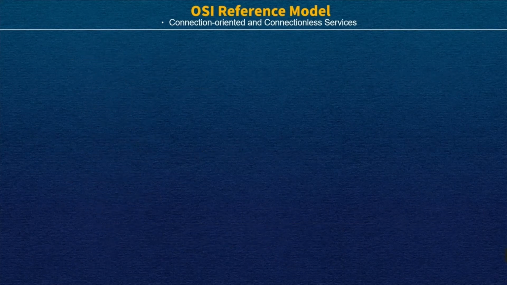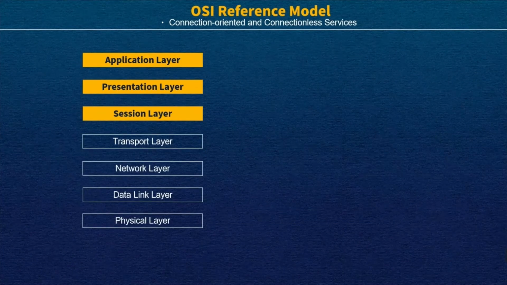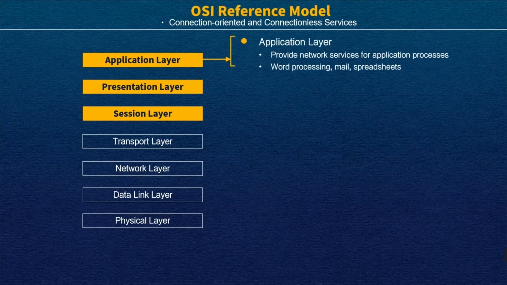And the next layers are the session layer, presentation layer, and application layer. In this course, we only focus on the transport layer, network layer, and data link layer. So for these three layers, you only need to know the function. For example, the application layer provides the network service for application processes, like word processing.